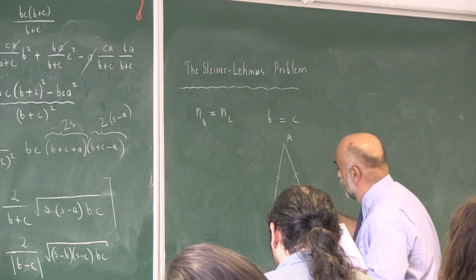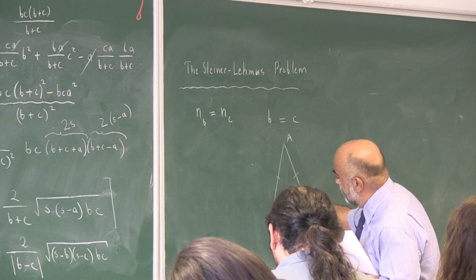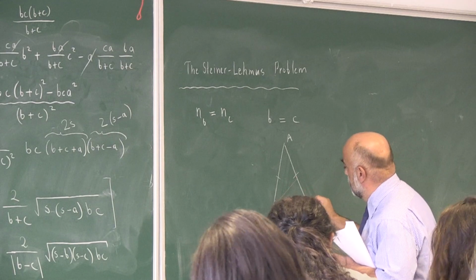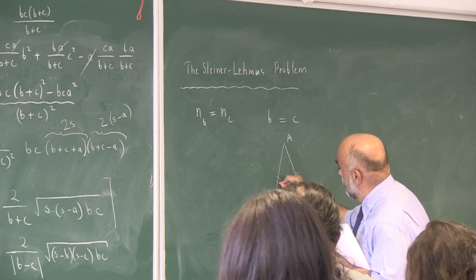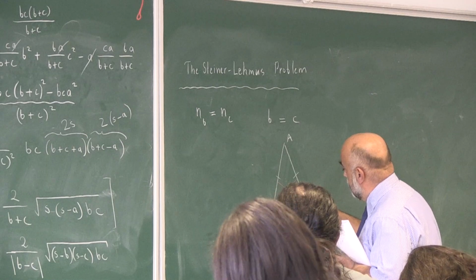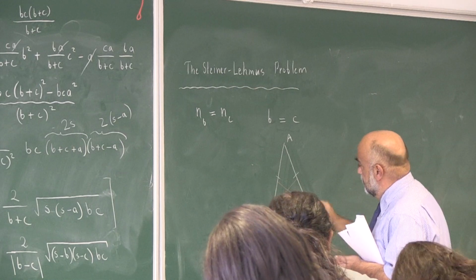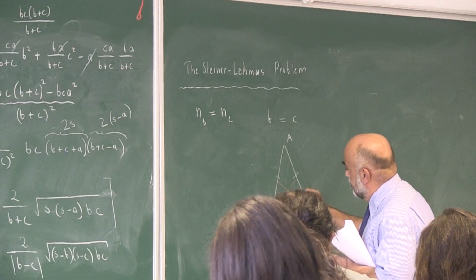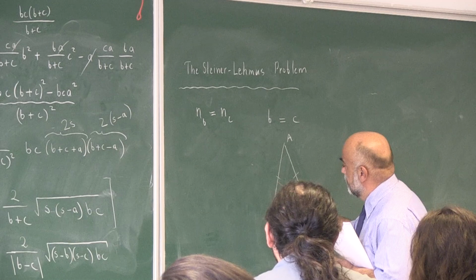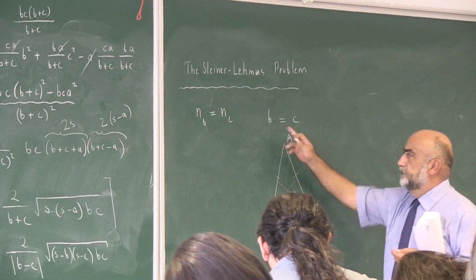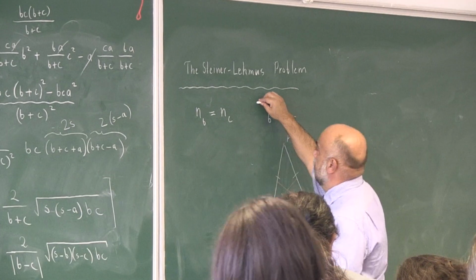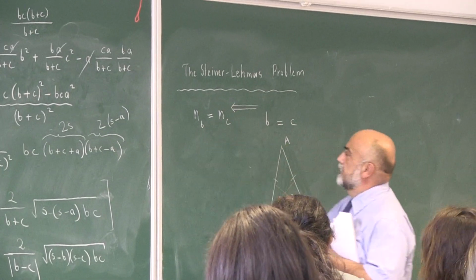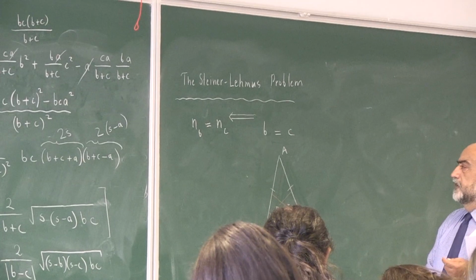They are congruent quantities. So that's your NC, and that's your NB. So if it's isosceles, then your triangle has equal internal angle bisectors.